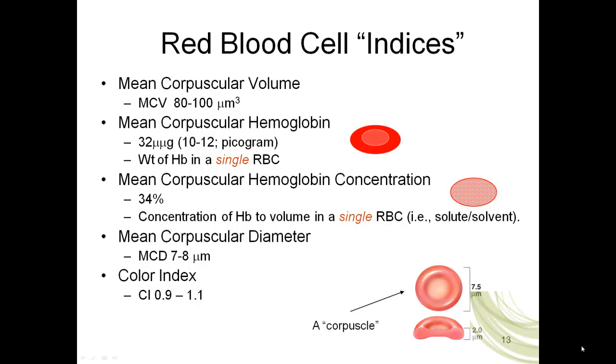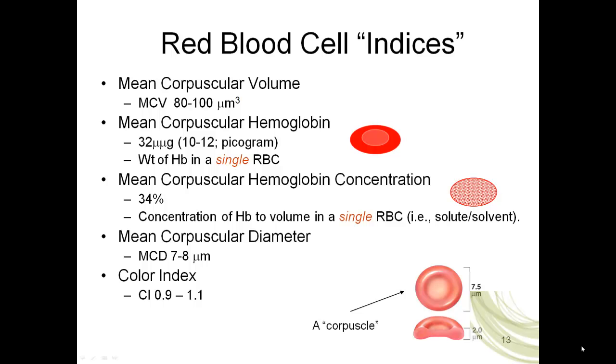And back in earlier days of medicine, they used to refer to the red blood cell as a corpuscle. So that's why that word is there. So MCV, for our testing purposes, we're going to pick 100. 100 microns cubed are the proper units. Mean corpuscular hemoglobin, or MCH as it's abbreviated, is the following.